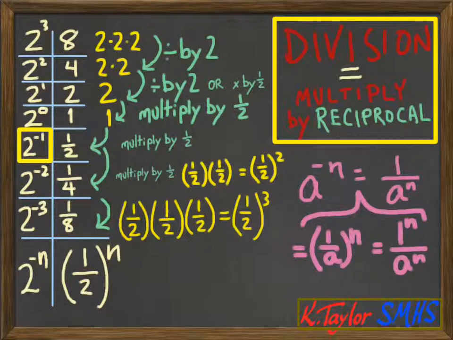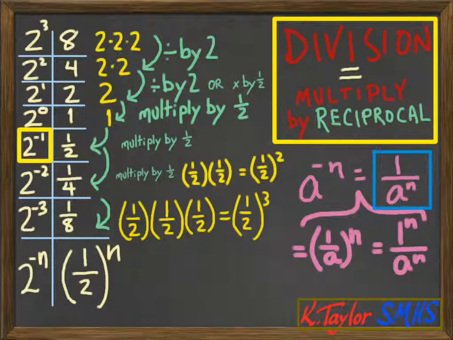Well, here's the thing: 1 to any power is still 1. And that's why we get 1 over a to the n power. It's not just a trick or some kind of physical manipulation of the symbols. It's expressing the end result of this little chain of logic.